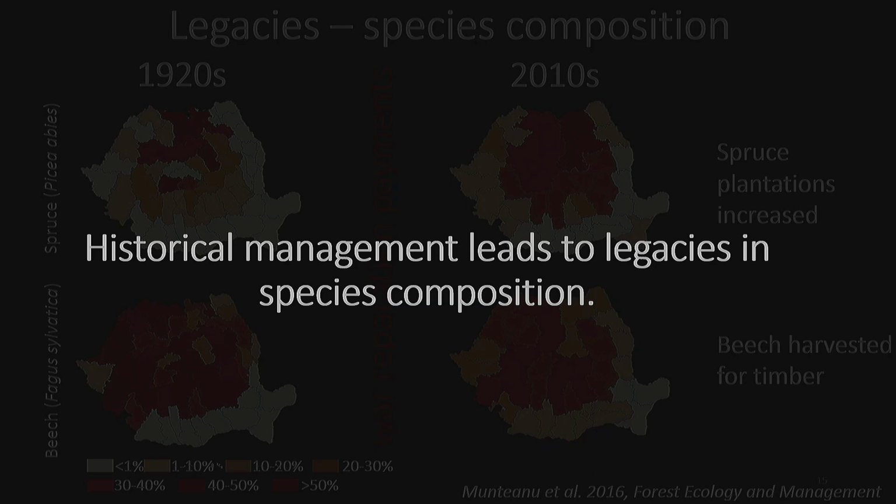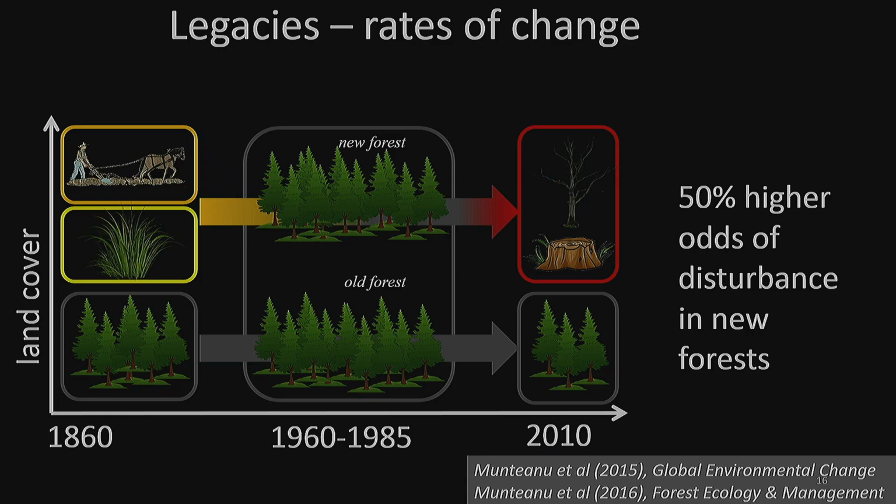So historical management can affect species compositions for a very long time in the future. Now, this spruce has actually come to harvestable age, but the composition of the forest, even after the harvest and the natural regeneration processes being promoted more in Romania these days, still stays very different than that in the past.